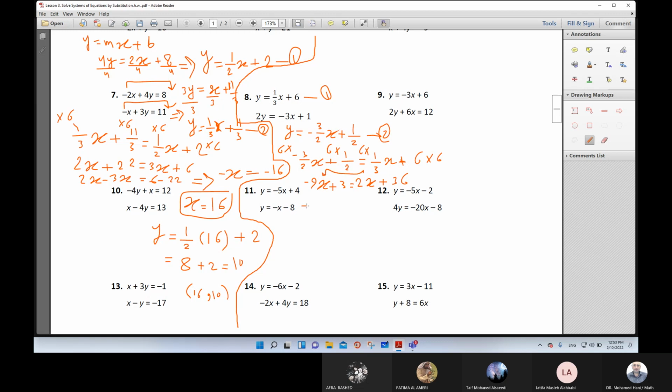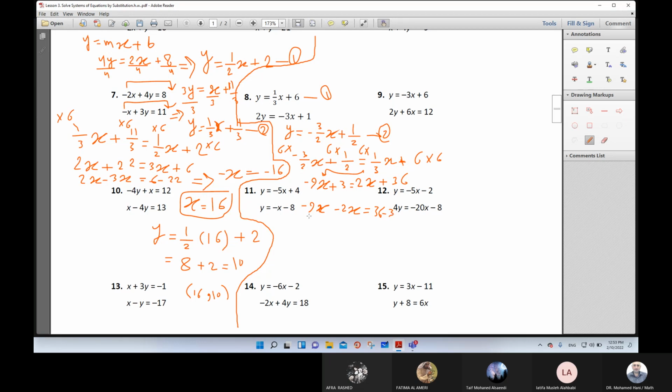So in the first side we have negative 9x negative 2x, equal 36 minus 3.